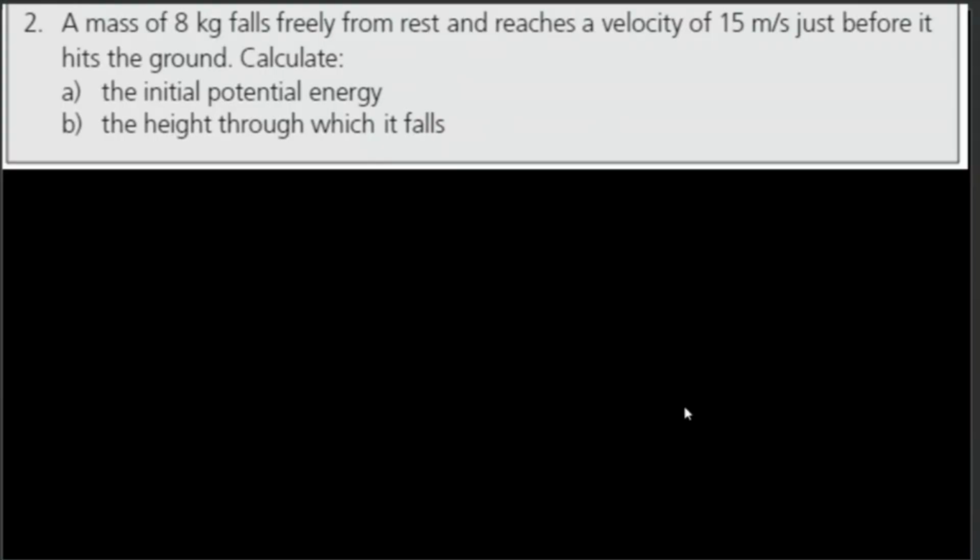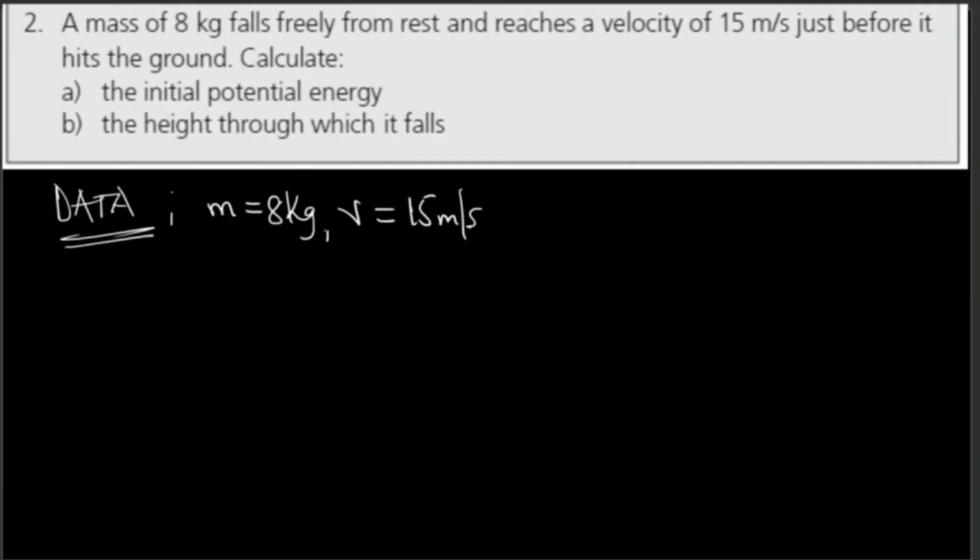Let's look at question 2 because of time. Let's look at this one. Data. We were told that a mass of 8 kilograms falls freely from rest and reaches a velocity. Here we are given velocity, 15 what? Meters per second, just before it hits the ground. The first question says that we must calculate the initial potential energy because, of course, it was initially at rest, because they said from rest.